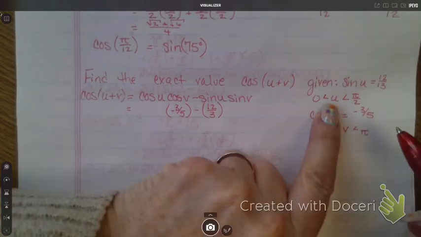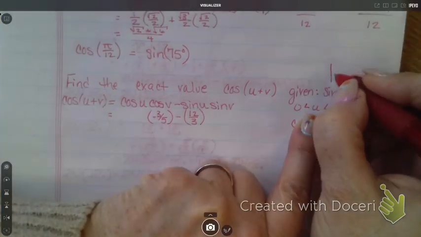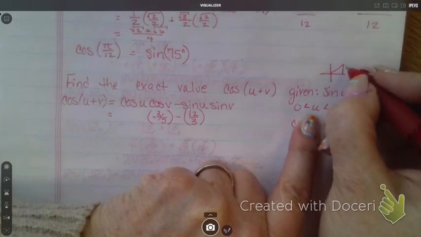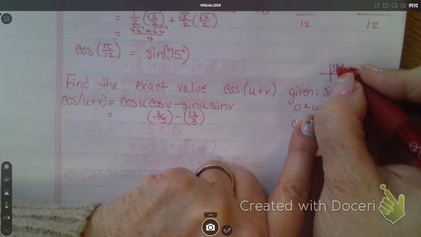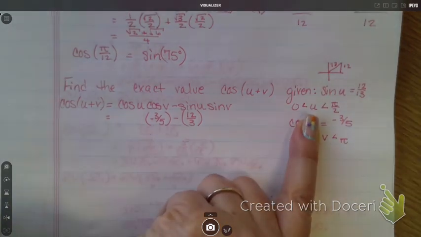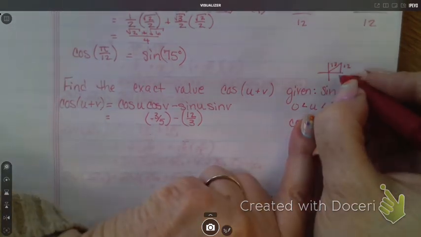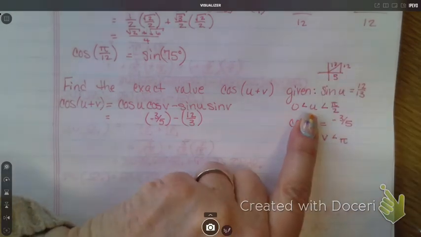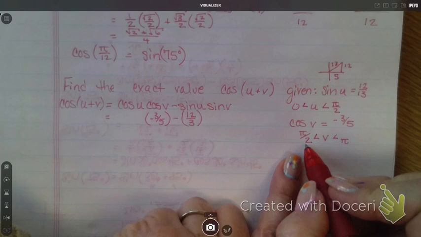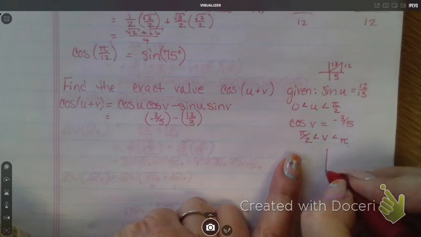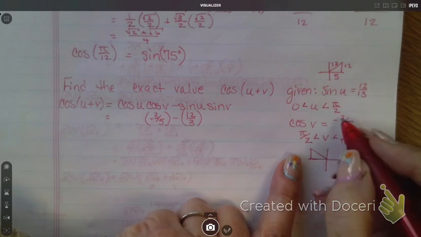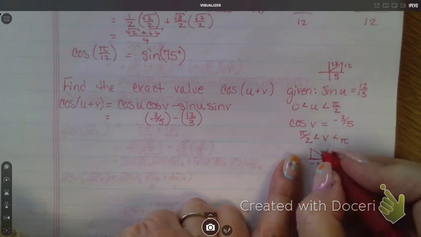So this is the first quadrant angle. Sine is 12/13. So I use the Pythagorean theorem, or no, it is 5, because it's a 5, 12, 13 triangle. It's a Pythagorean triple. This triangle is in the second quadrant. And they gave me cosine, so that's adjacent and hypotenuse, correct?